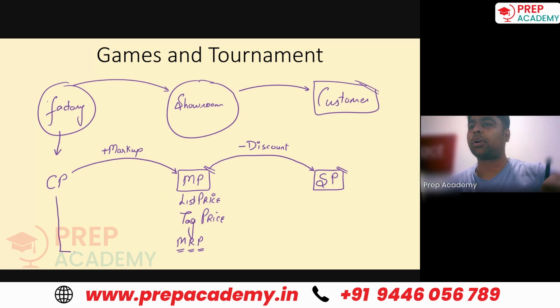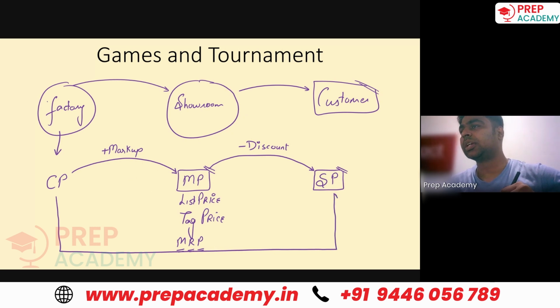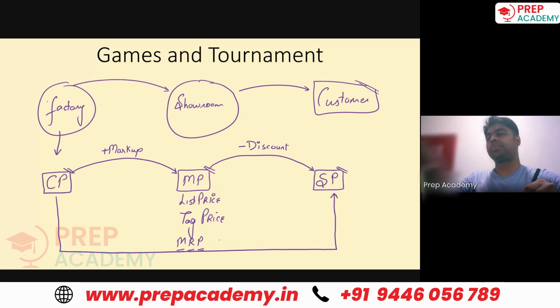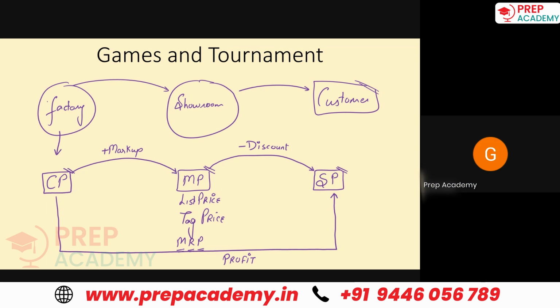So from the concept of cost price till the concept of selling price, whatever happens in between is called the profit, which we already know, isn't it? Yes, sir. Right.